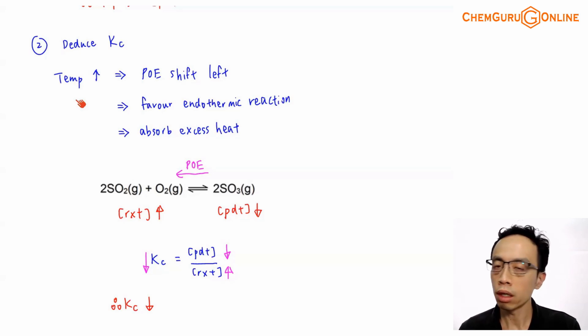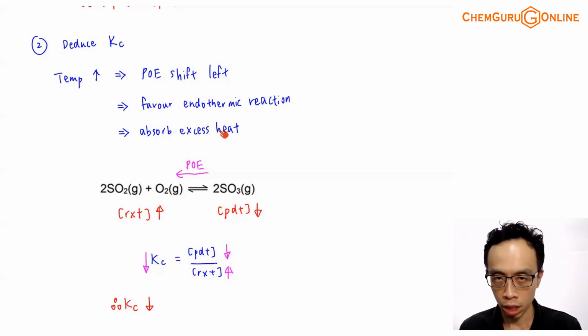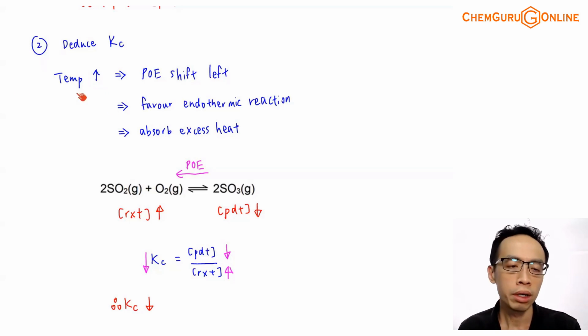The forward reaction is exothermic and the reverse reaction is endothermic, so we expect that when there's an increase in temperature, the position of the equilibrium shifts towards the left-hand side, because it is favoring the endothermic reaction to absorb excess heat, causing the temperature to drop and counter this increase in temperature.